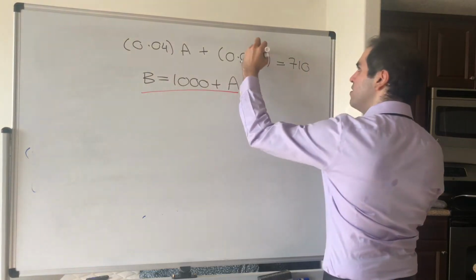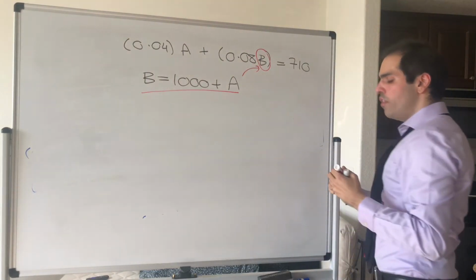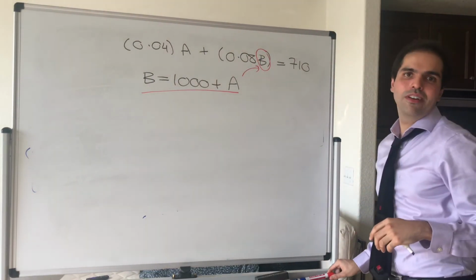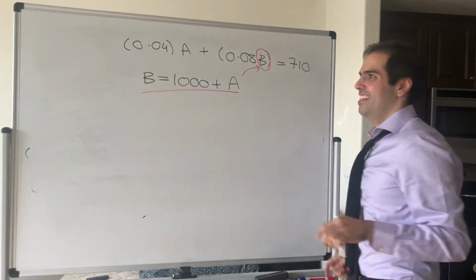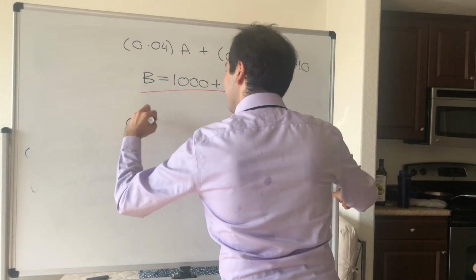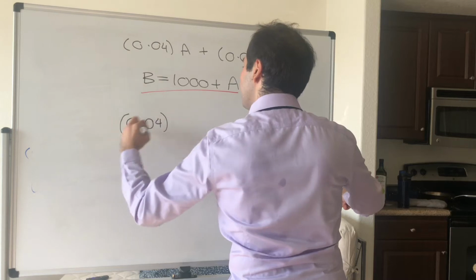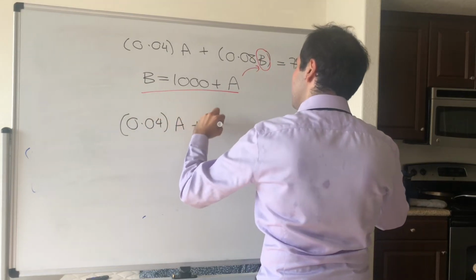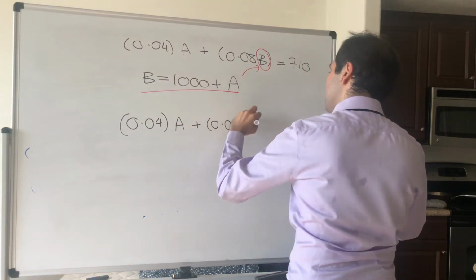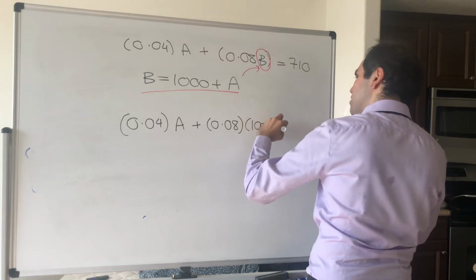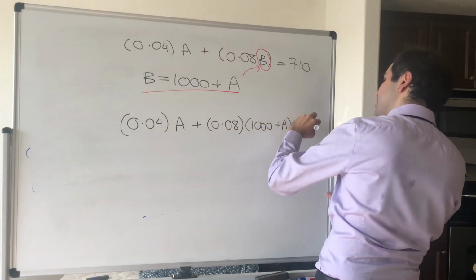You see? Because here we have a B, but we know that B is 1,000 plus A. So we know that 0.04a plus 0.08 times 1,000 plus a is 710.